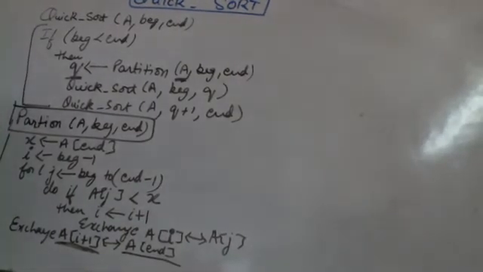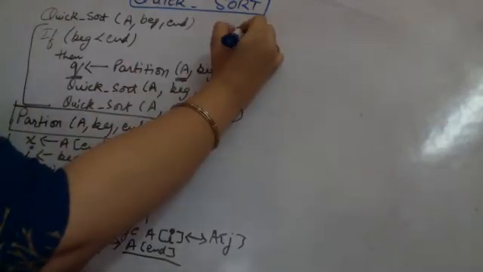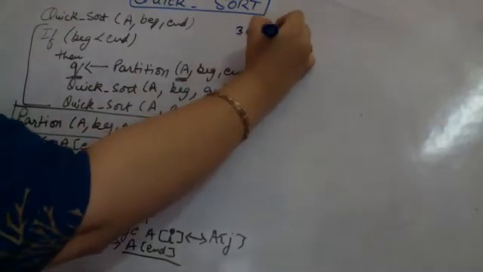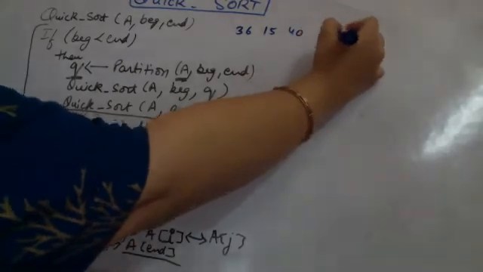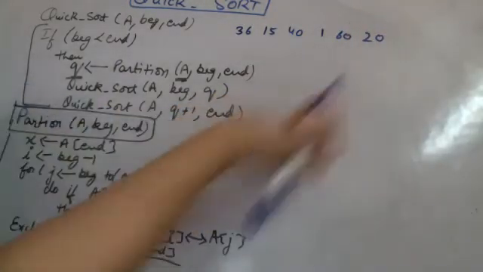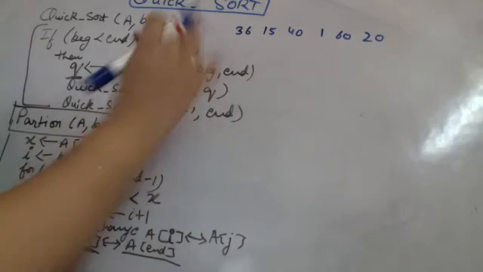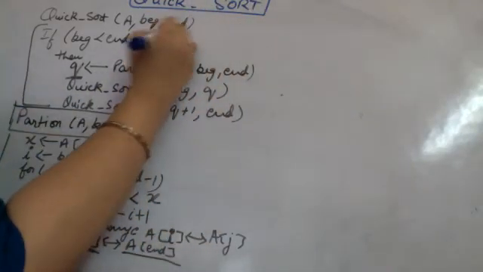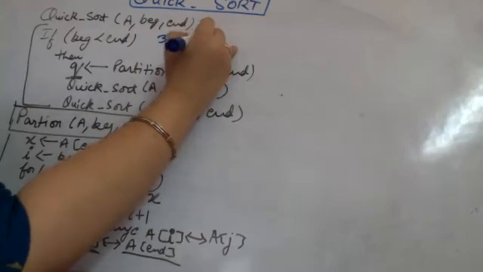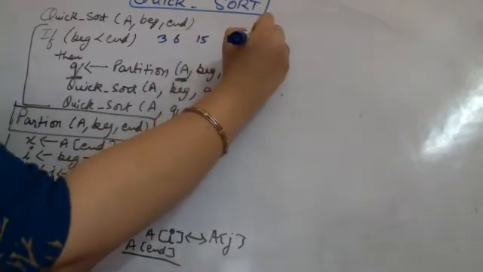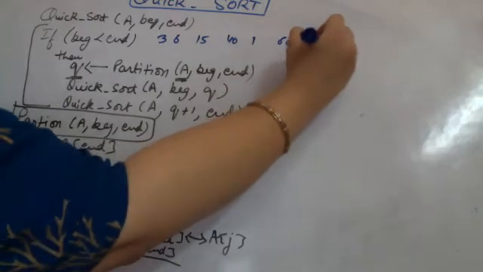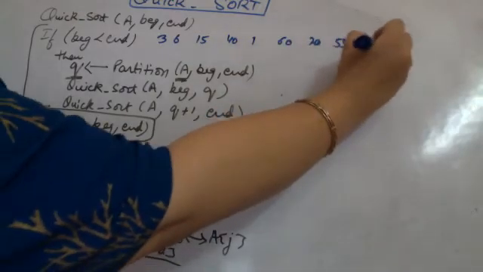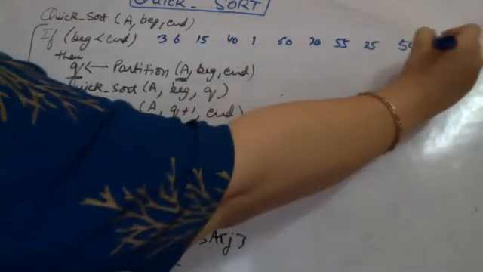Let us see how. So I am having a list, supposedly 36, 15, 40, 1, 60, 20. I'm just taking a random list. So you can take any list. I'll begin, since I want a bigger list, I'm beginning from here. I have 36, 15, 40, 1, 60, 20, 55, 25, 50 and 20.